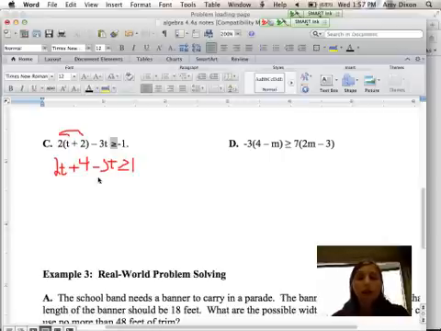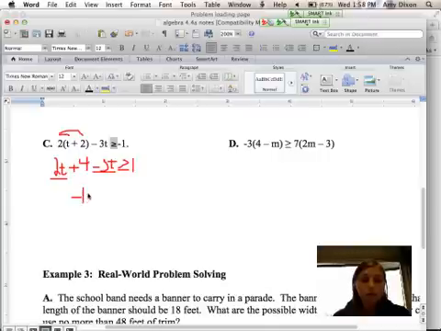Okay, so now that we've done our distributive property, the next step in solving an equation is to combine our like terms. So we need to combine our 2t and our negative 3t. When we take 2t minus 3t, we end up with negative 1t, and then bring our plus 4 down. So negative 1t plus 4 is greater than or equal to 1.